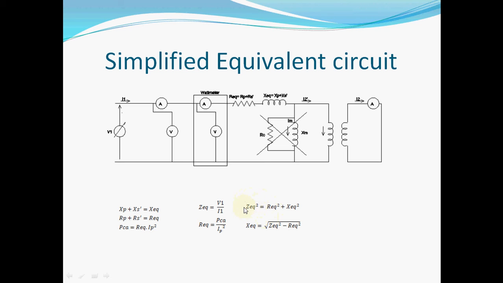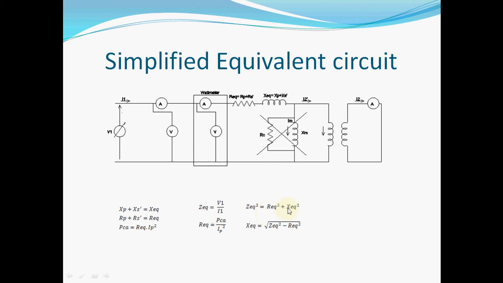We know that the square of the equivalent impedance is equal to the sum of the square of the equivalent resistor plus the square of the equivalent reactance.